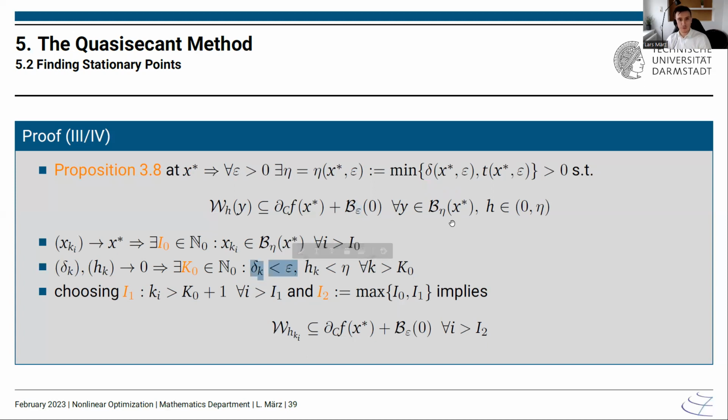So we get this inclusion from being far enough in the iterations, and this consequence of proposition 3.8.